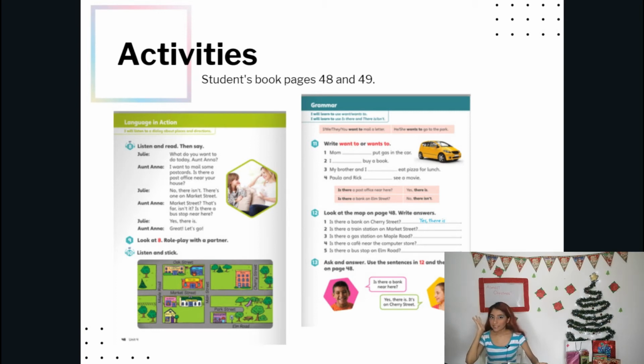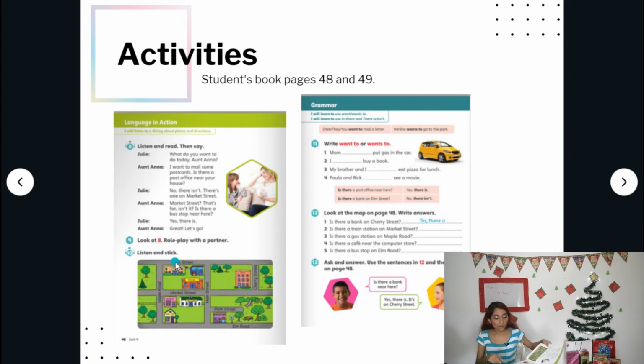Okay, that's it. We listened to some places about the vocabulary. There is, and yes, there is, no, there isn't. So now we're going to skip activity 9 and we're going to go all the way to activity 10. Listen and stick.